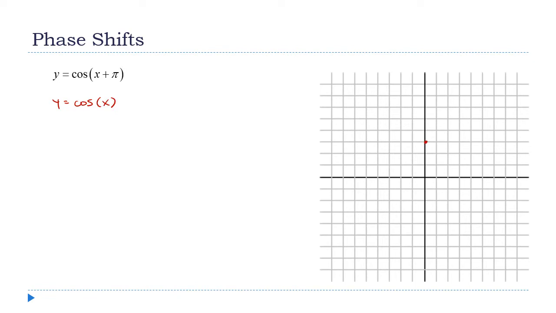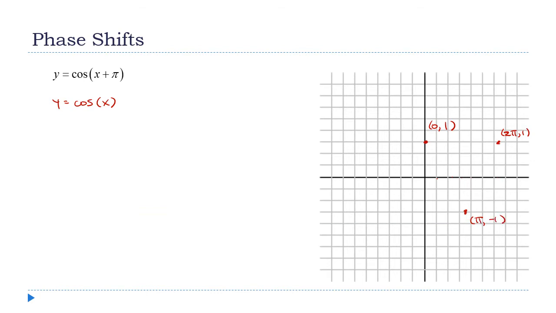It's going to start at (0, 1), and its first period is going to end at (2 pi, 1). The minimum is right in between the two, so that's going to be at (pi, negative 1).